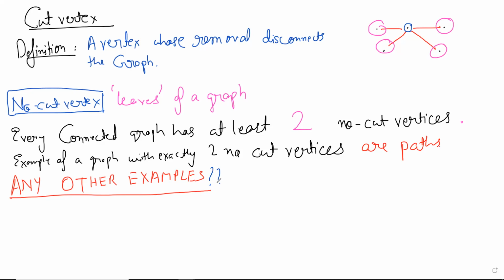Can you think of some other connected graph which has only 2 vertices which are no cut? And there is no other.